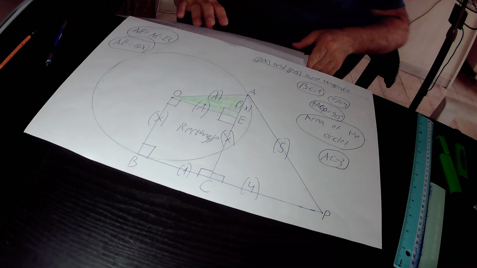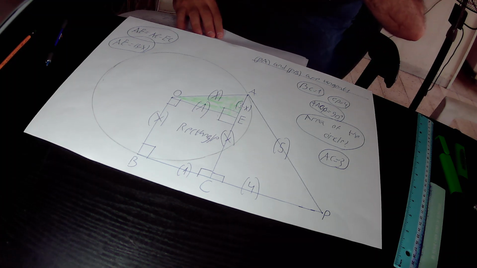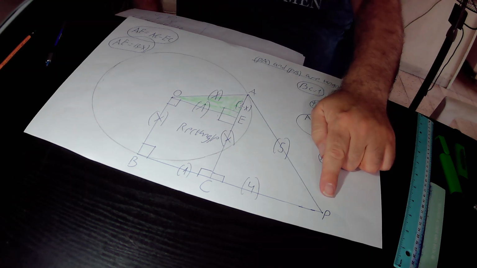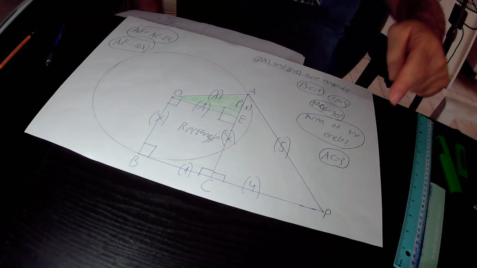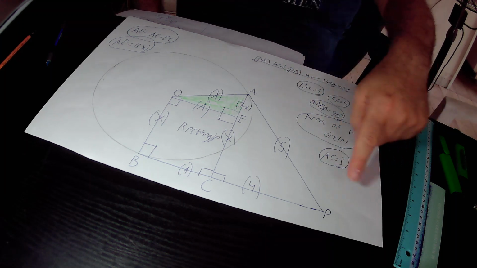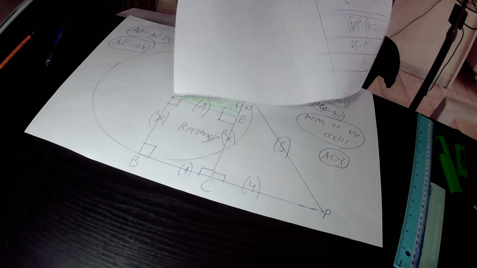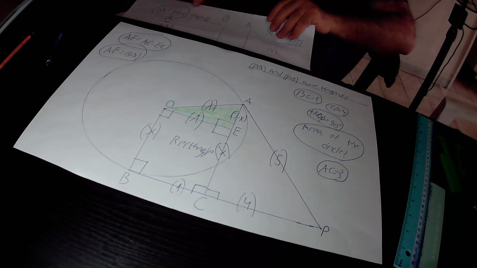So first of all, we implement rule 2 in the drawing. From this common external point P, we have two tangents to this circle, tangent PA and tangent PB. According to rule 2, they are equal to each other, that is to say, PA equals PB.